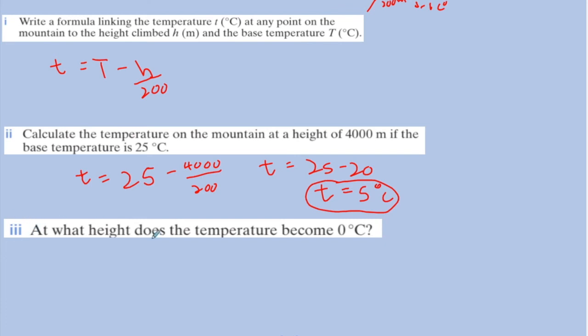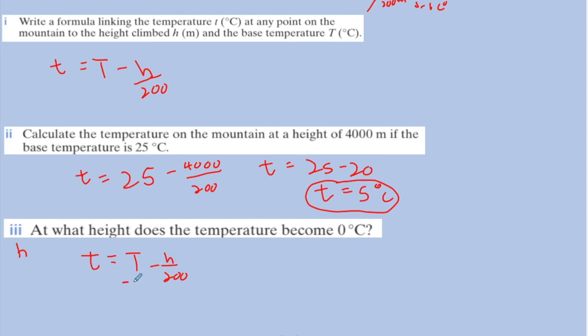Okay, part 3, at what height does the temperature become 0 degrees? Well, we're looking for at what height, so we want to make h the subject. So let's take our base formula here and make h our subject. We have a couple ways we could do it.